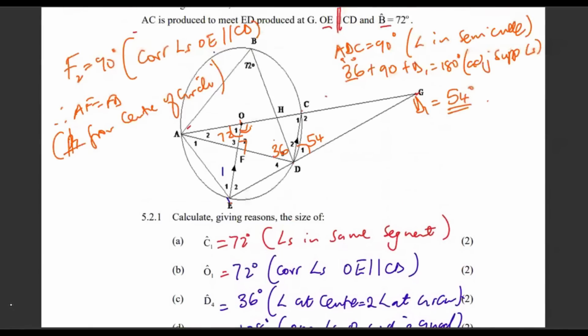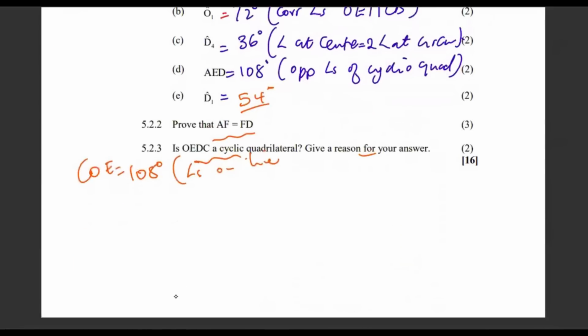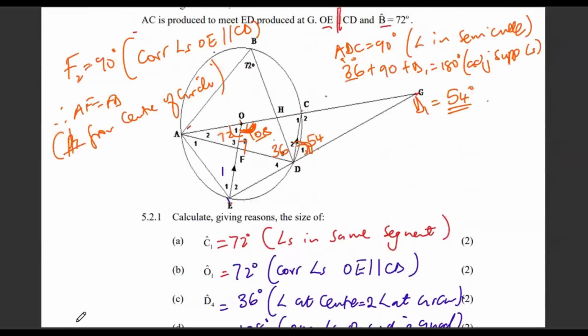And if it were a cyclic quadrilateral, then the whole of this should have been equal to the whole of this. But this is 108. This is like half of it. So it's not. Answer is a no. Alternatively, one would have looked at the opposite angles, because this is a 90. The whole of this is a 90.